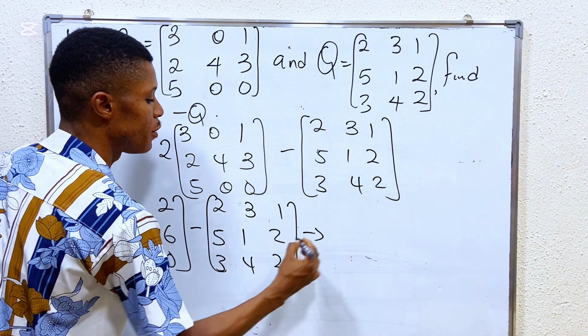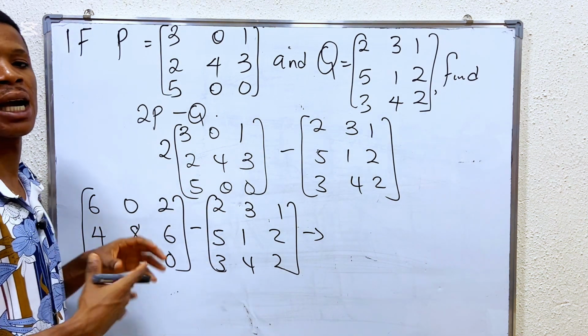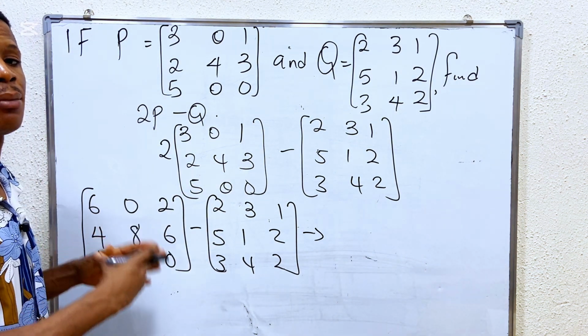So in subtraction of matrices, what do we have? We are going to subtract each element with its corresponding position in the matrix.